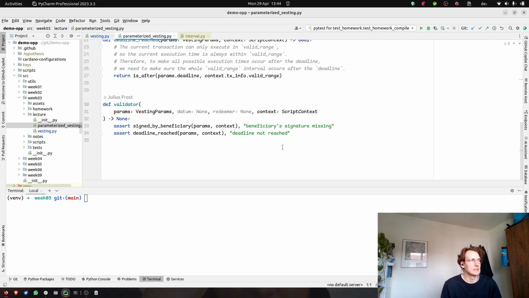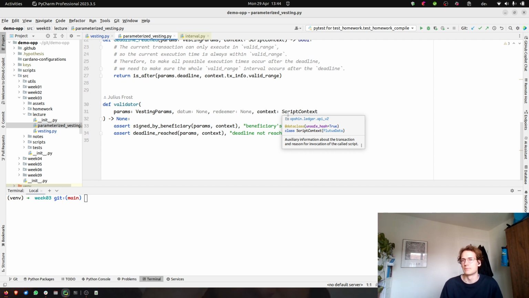And now we just have 4 arguments. The first argument being params, and then datum, redeemer, and context. And because OpShin knows that spending contracts should have 3 arguments, it knows that the first argument, this params argument, actually needs to be provided during compile time.